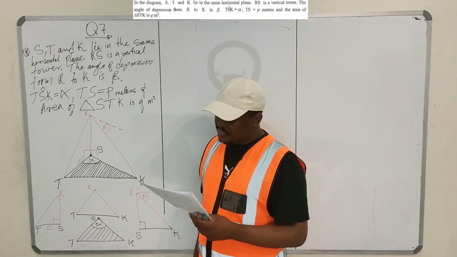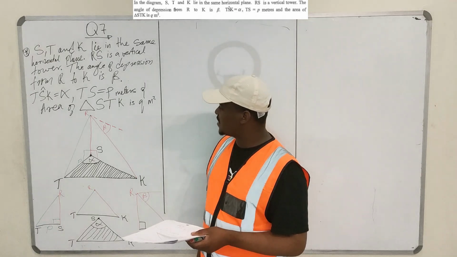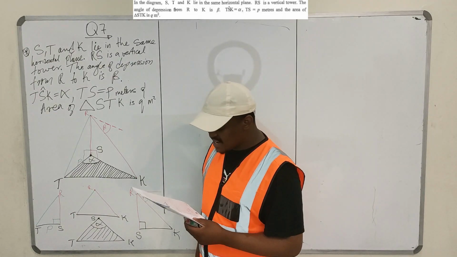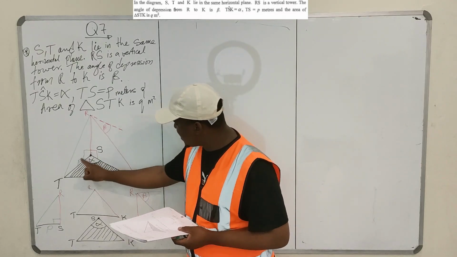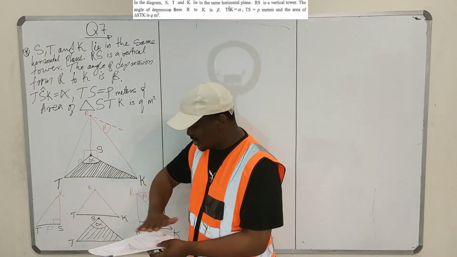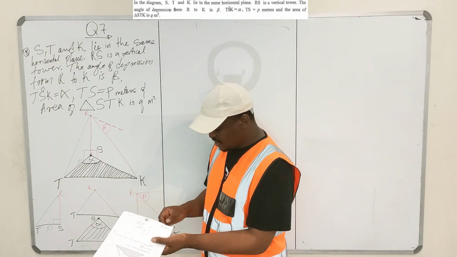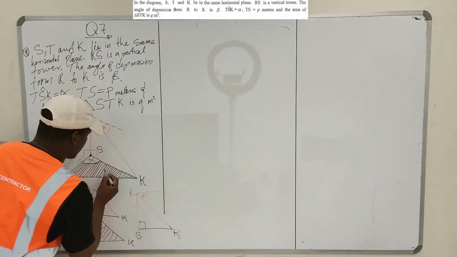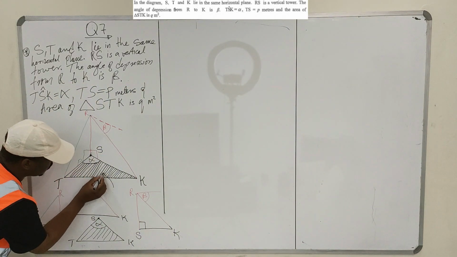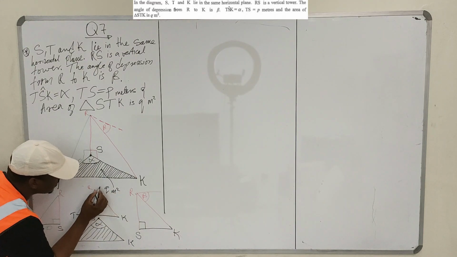They are saying now the area of triangle SKT, the area of the base triangle that is on the floor, is equal to Q square meters. So the area of this triangle here is equal to Q square meters.